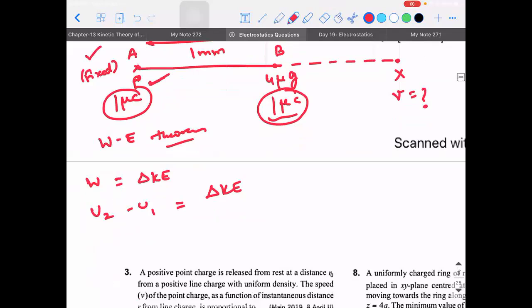That is easier for me. So U2, that is the final distance of separation, K Q1 Q2 divided by R dash, minus K Q1 Q2 divided by R is equal to delta KE. That's what I'm able to think. Now will you be able to calculate it? Can you guys do it fast and let me know? Everything should be converted to SI units.